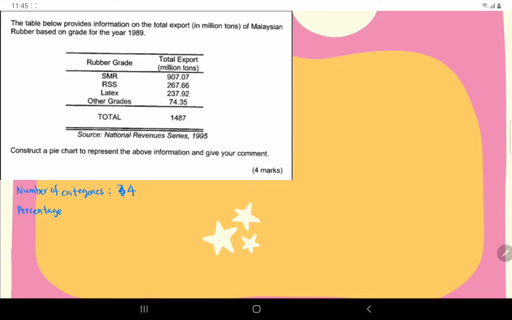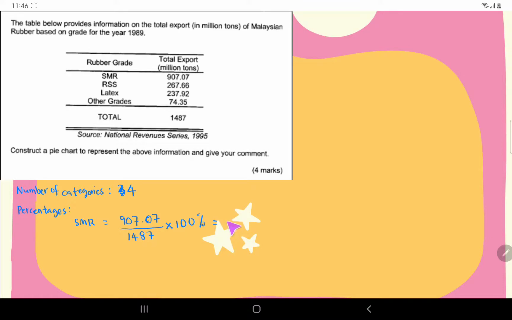The first one is for SMR. 907.07 divided by the total export, which is 1487, times 100. Put out your calculator.